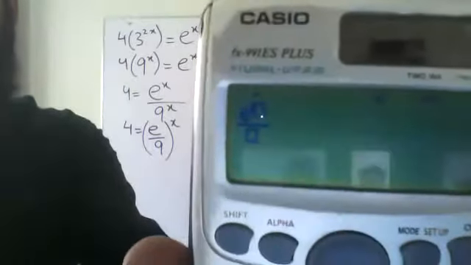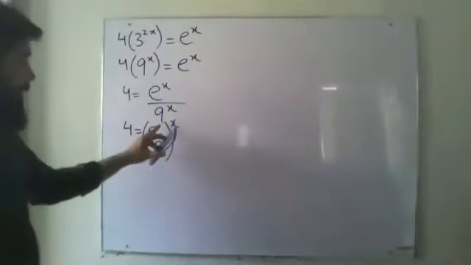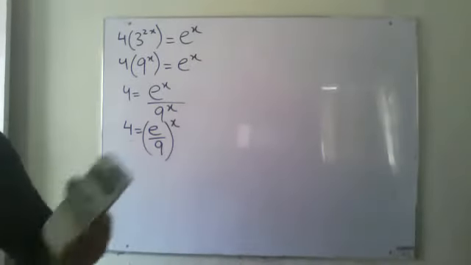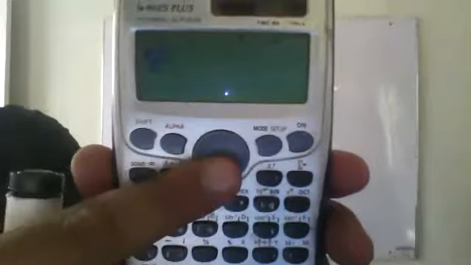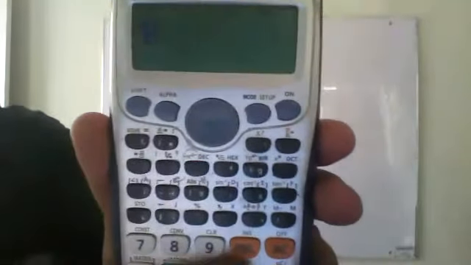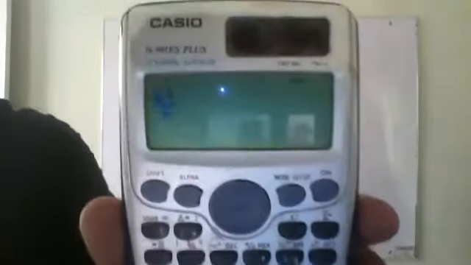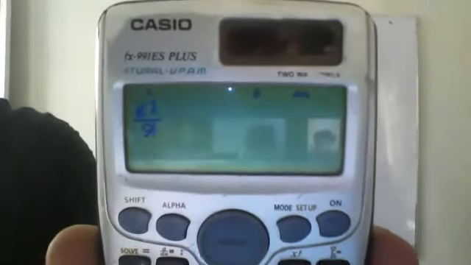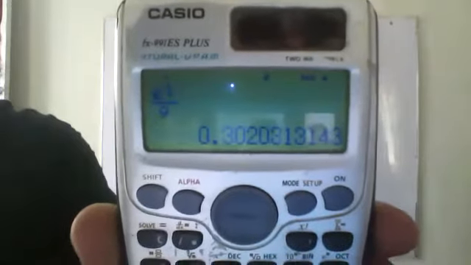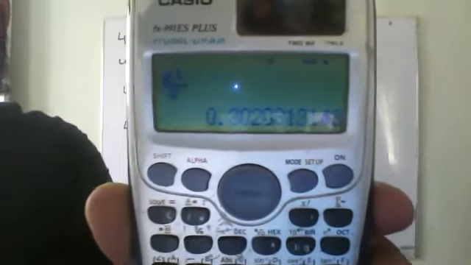There is a power on e. So what's the power on e over here? Nothing is written, so it will be 1. So I am pressing 1 over 9. See beta, exponential 1 over 9 equals, and the answer is coming 0.302.